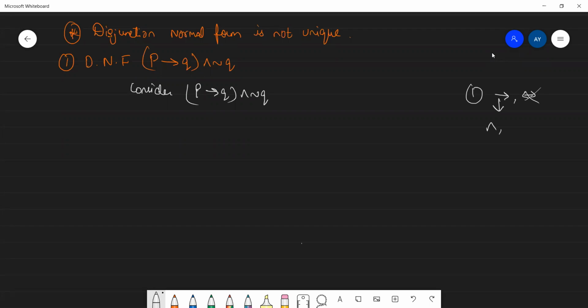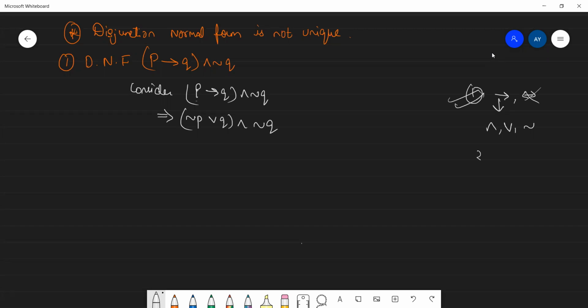By making use of and, or, and negation. There is a law which says P implies Q is negation P or Q. So P implies Q is negation P or Q, and the same thing, negation Q. The first step is completed.